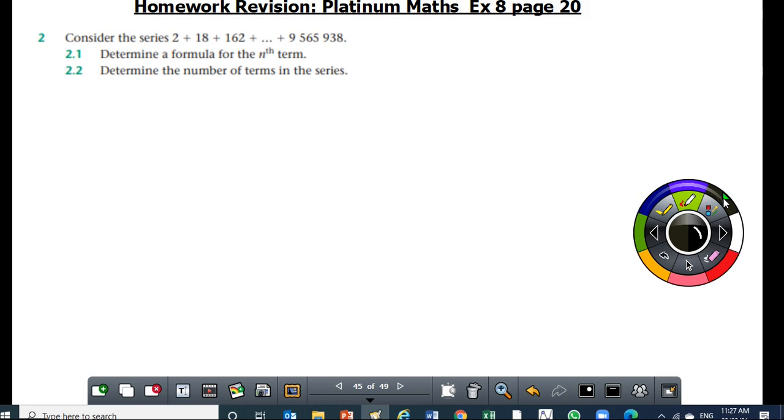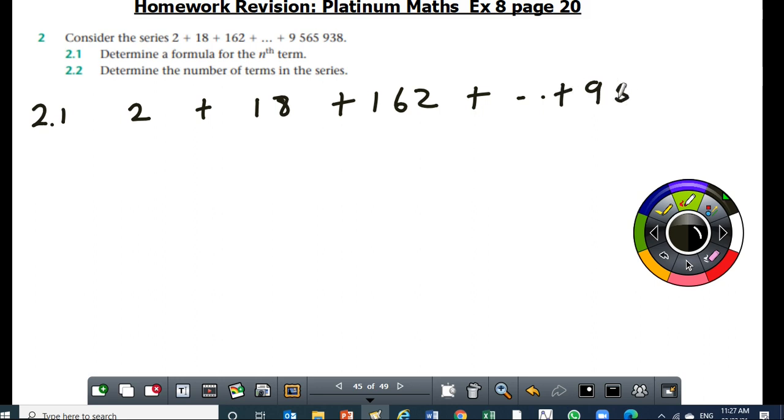So first thing, I'm going to try and determine whether it is arithmetic or geometric. So I'm going to rewrite the terms. We've got 2, then 18, then 162, plus up to 9,565,938.